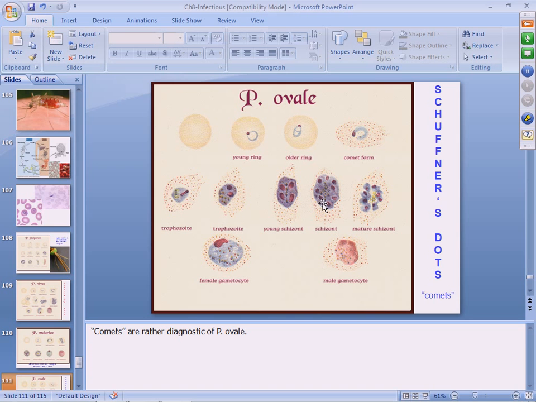It's called a comet form. If you remember, we talked about the little ring forms and then the schizonts, but there's a stage between the ring and the schizont, where it looks like the ring is broken, like a comet with a thick, sort of bluish or basophilic area with a nice curved tail to it. So that's the diagnostic feature of Plasmodium ovale.